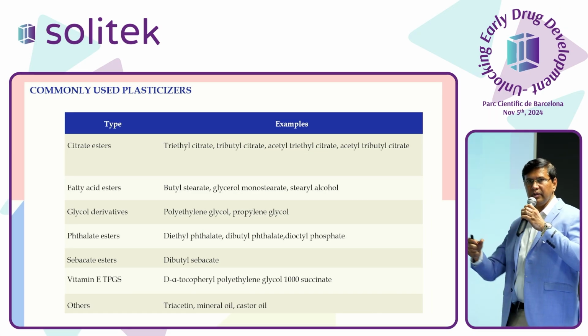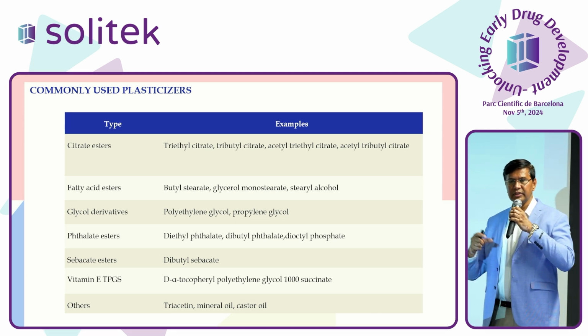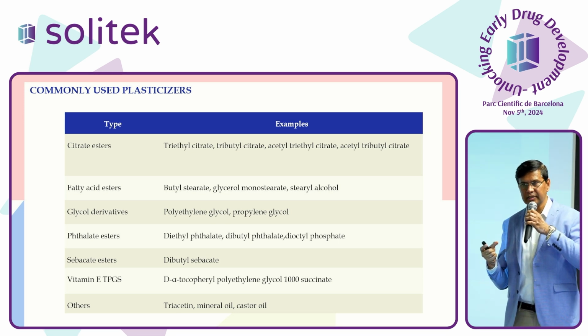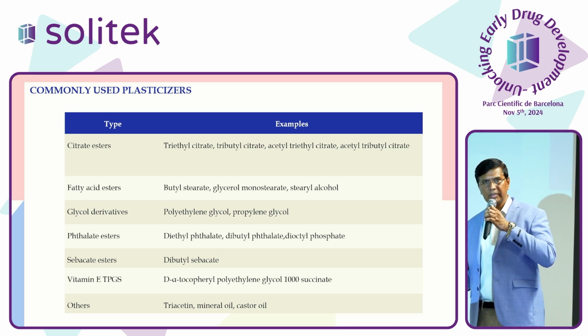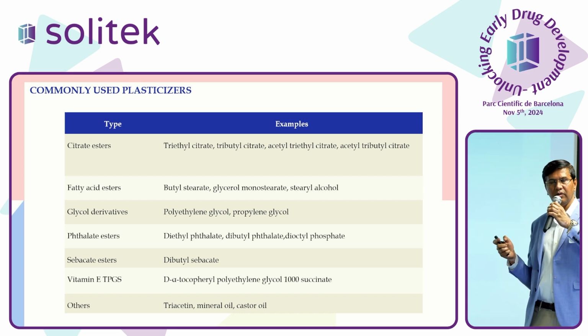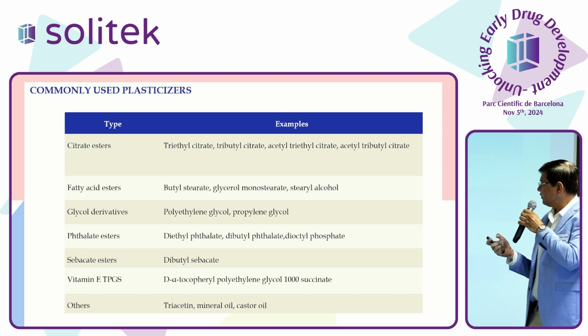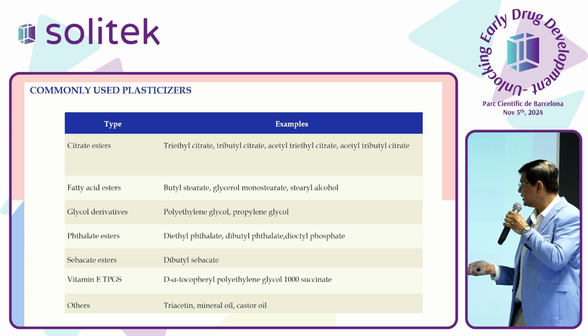So you have a polymer, but why do you use a plasticizer? Because sometimes the processing temperature that you are using, for example for HPC, needs 200 degrees Celsius. If you want to reduce the processing temperature, you can combine a plasticizer with the HPMC, maybe 10%, like TPGS or vitamin E TPGS, which is the common one you generally use.